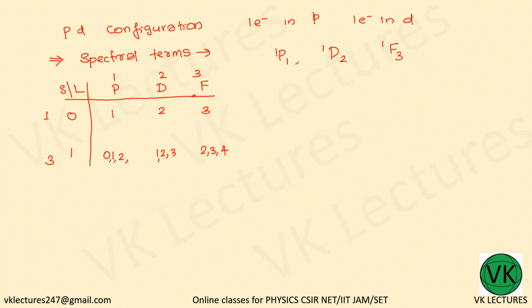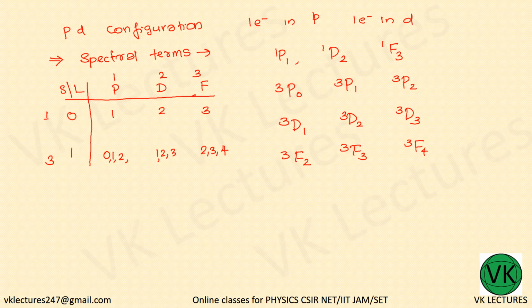Okay, then you have triplet states, 3P0, 3P1, 3P2, then 3D1, 3D2, 3D3, then you have 3F2, 3F3, 3F4. So these are the spectral terms.